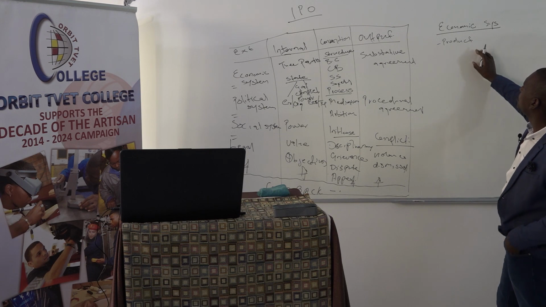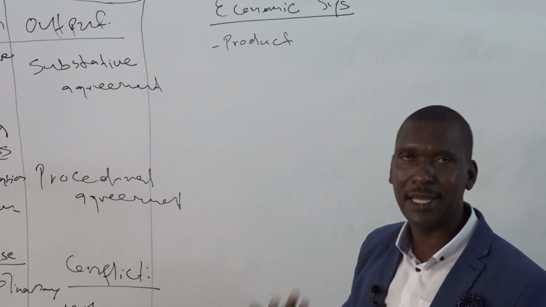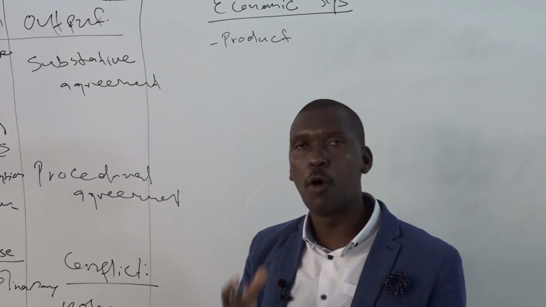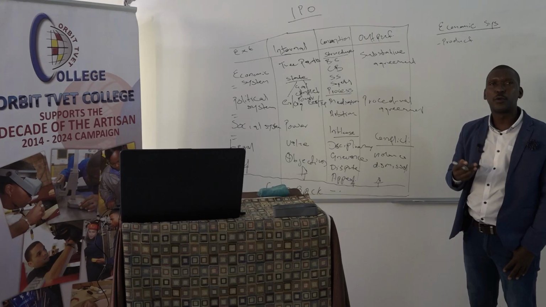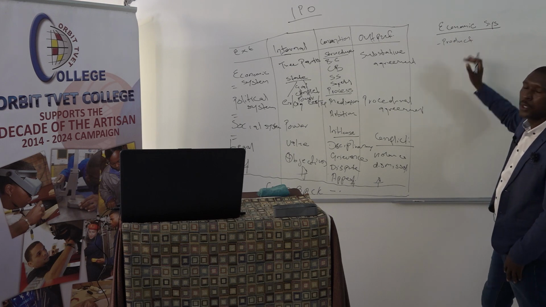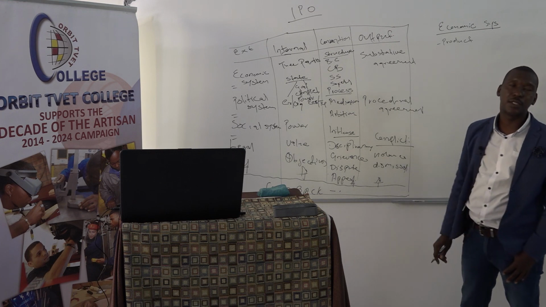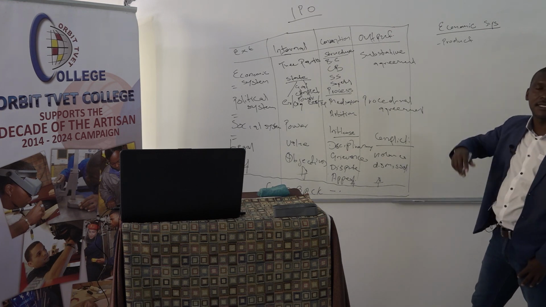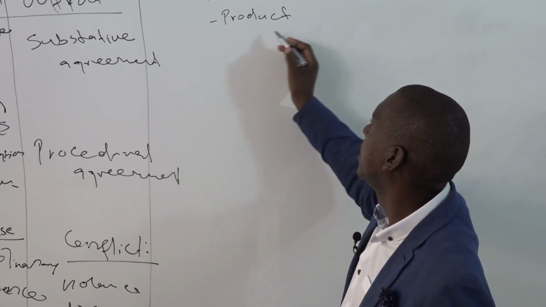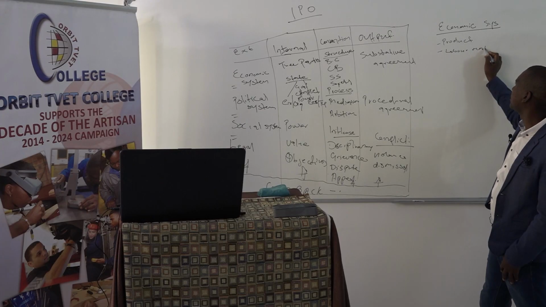But in a situation where the product is no longer in demand or does not make any profit, then the employer will likely need more pressure, or will need employees to be a bit persuasive for them to agree, or maybe to surrender, or to come to an agreement with regards to salary increases or employee benefits and so on. The second one is the labor market.